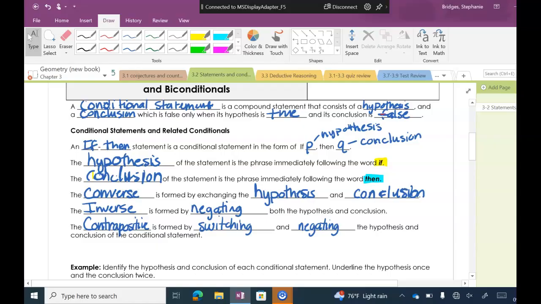So it will say if Q, then P. So you just switch them out, right? Then we're going to write the inverse, which goes back to the original, and it says we negate the hypothesis and the conclusion. So it would say if not P, then not Q.